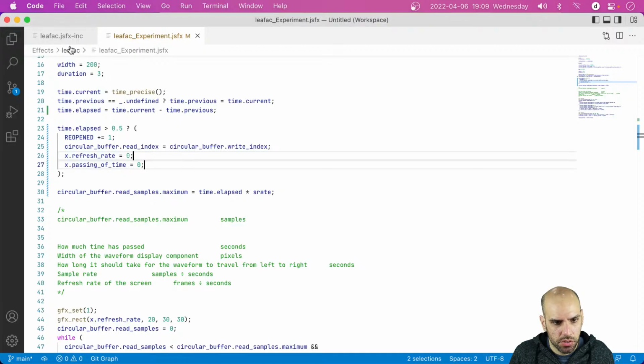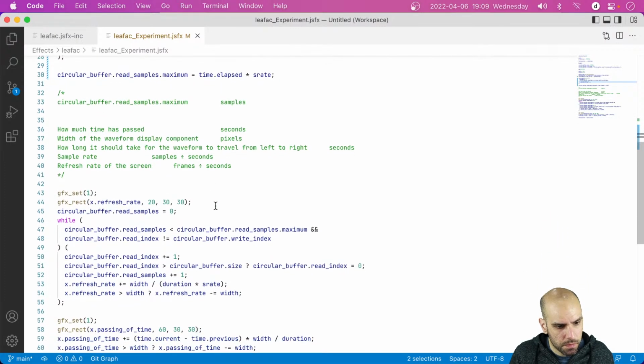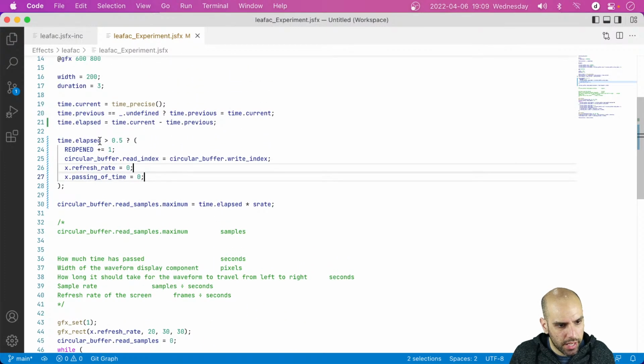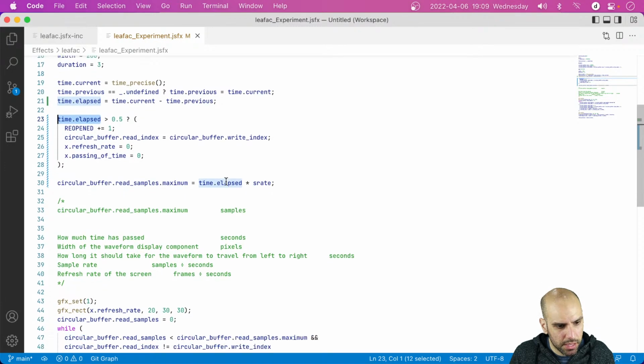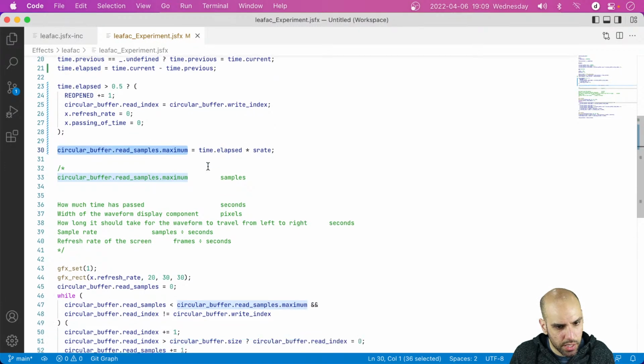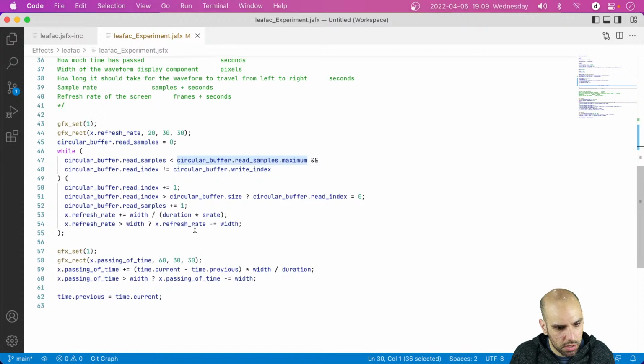Yeah, it's not going to the left. Why would that be? Well, I guess there is also the problem of time elapsed being used for computing stuff. And here I didn't even replace with time elapsed. But one thing that I can do is, so time elapsed was probably changing the X passing of time here.